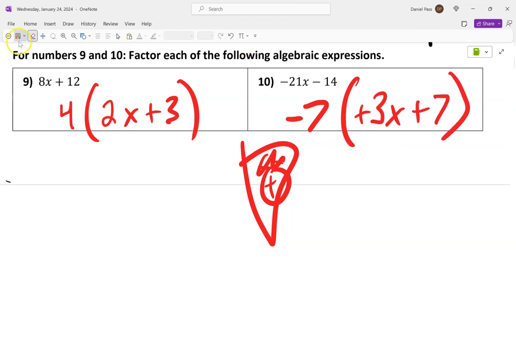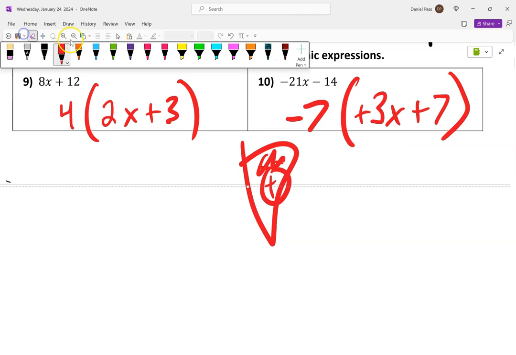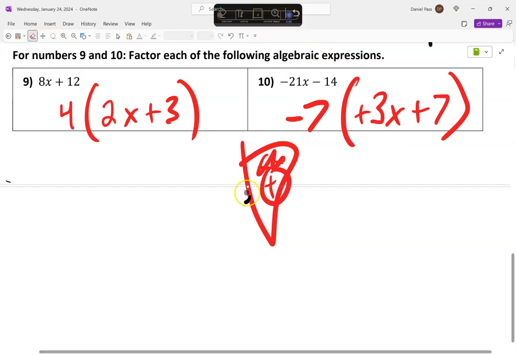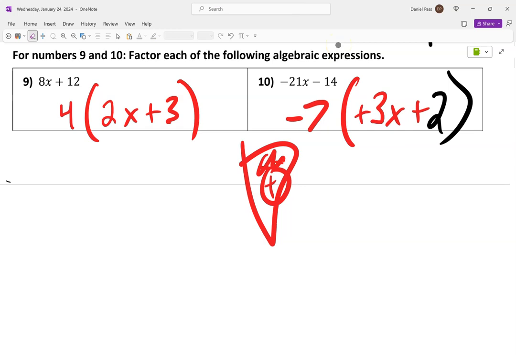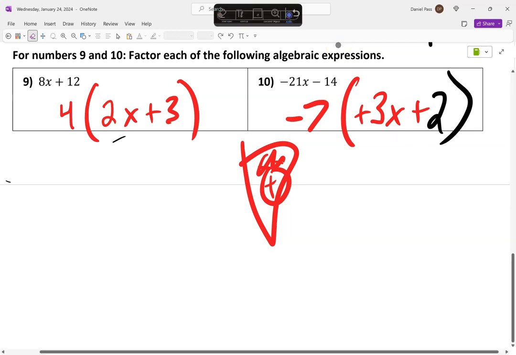Did I do it wrong? Oh, 2. I knew that. Thank you. It is definitely not 7. It's 2. Thank you. Okay, 2 and 3 and 3 and 2, pretty close, huh?